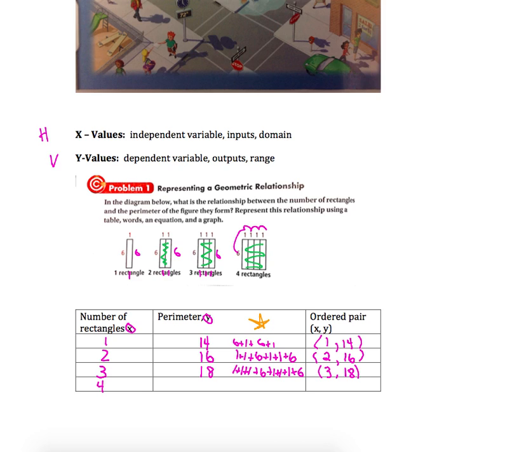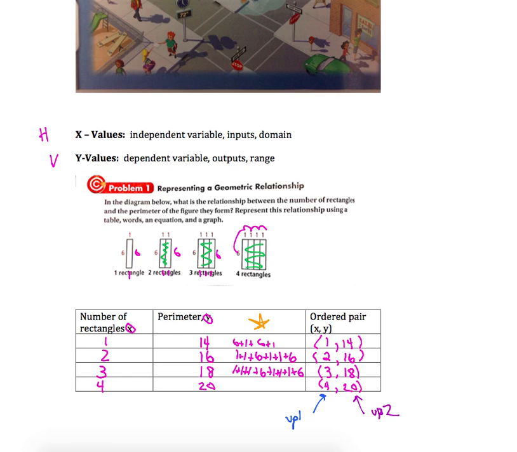Okay, so this perimeter is 20. So if we notice the pattern here, the x's go up by 1 and the y's go up by 2's every time.